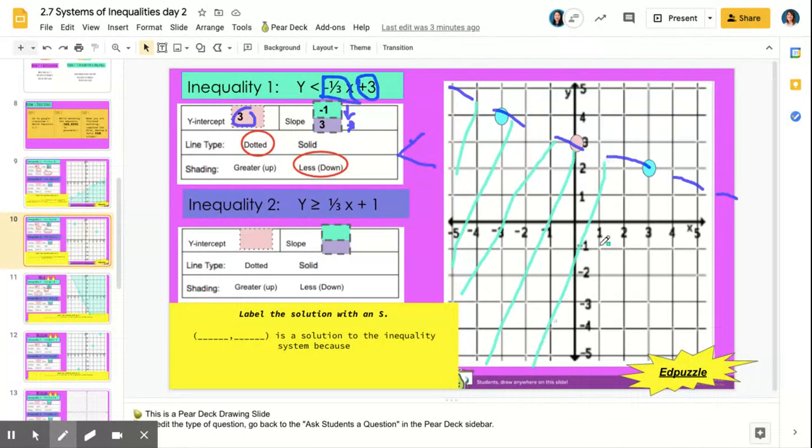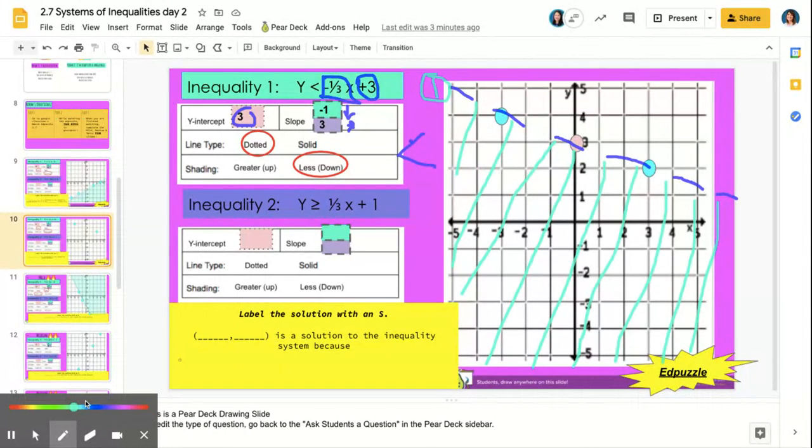I'm going to use lines to shade in just because I can't use the highlighter tool on this one. Okay, so this is inequality 1. Let's label that. We actually forgot to label on our last graph. So let's go ahead and label inequality 1.